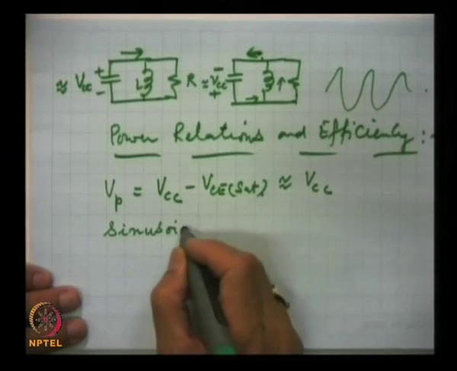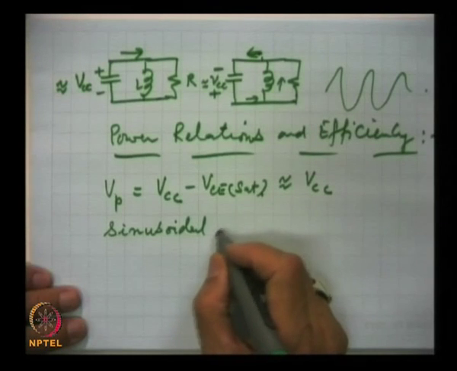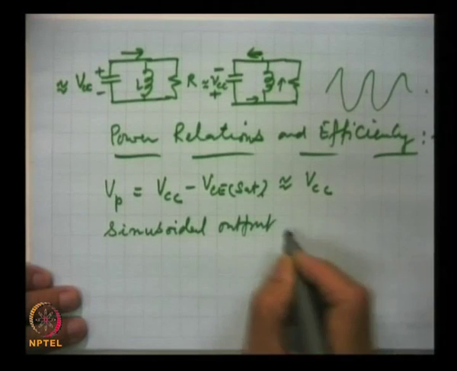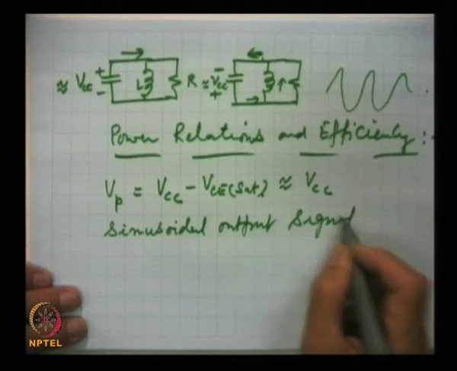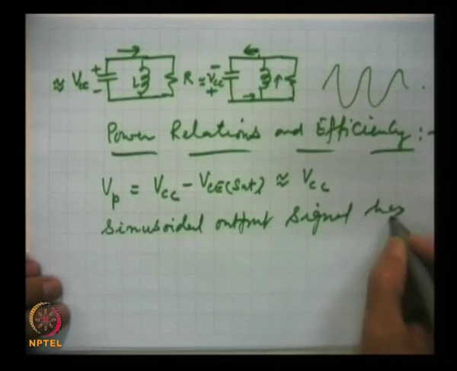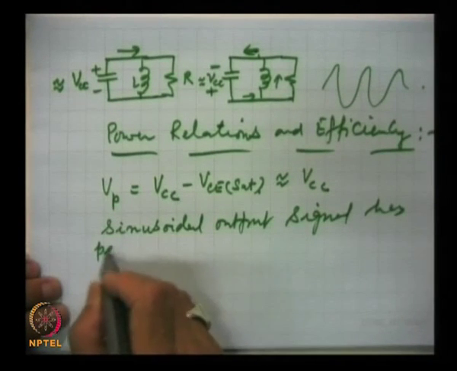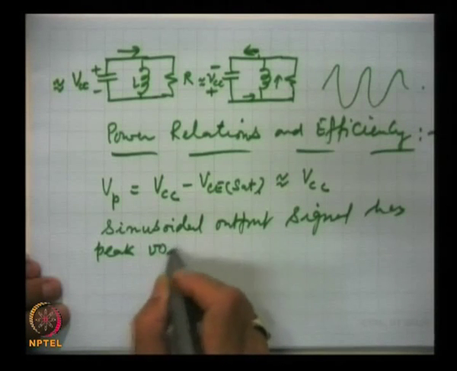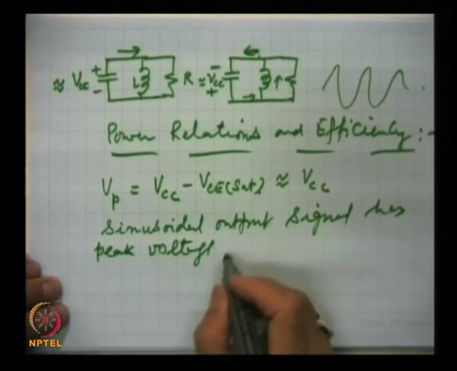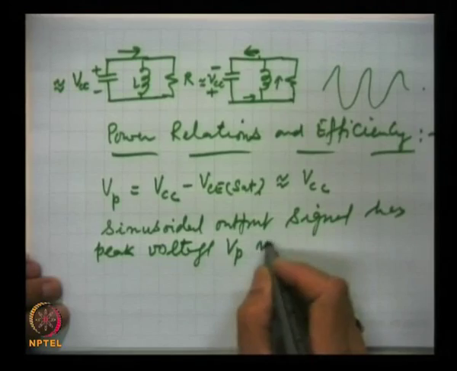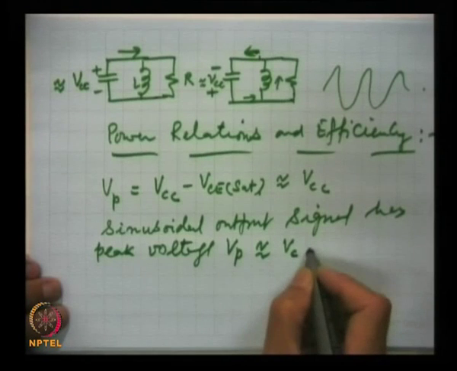The sinusoidal output signal has peak voltage Vp, which is very close to VCC.